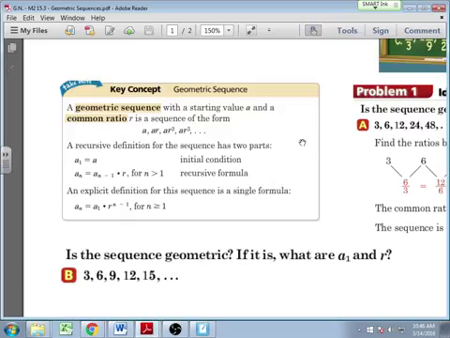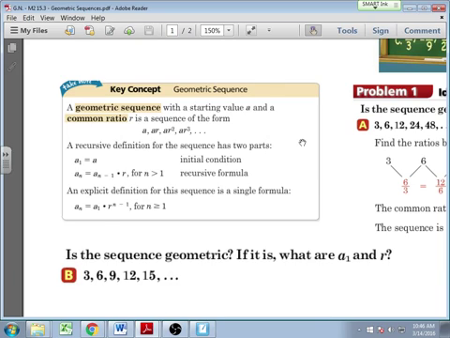So, geometric sequences. Who can remind me what recursive means? If a sequence is recursive, it uses, Liam? It uses a previous term. So, if a geometric sequence is recursive, then I'm going to write it using its previous term times r, that common ratio.